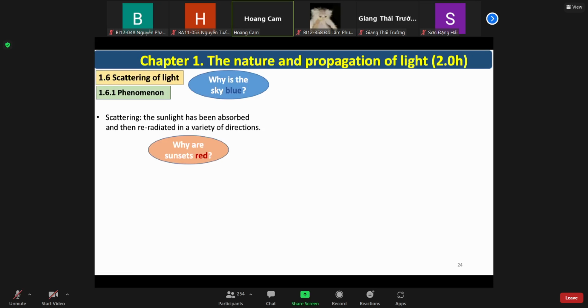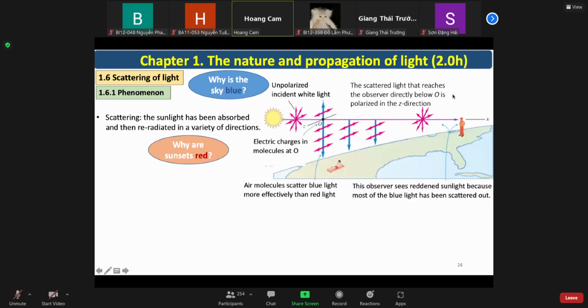Scattering, in fact, is a phenomenon in which the sunlight is absorbed and then re-radiated in a variety of directions.